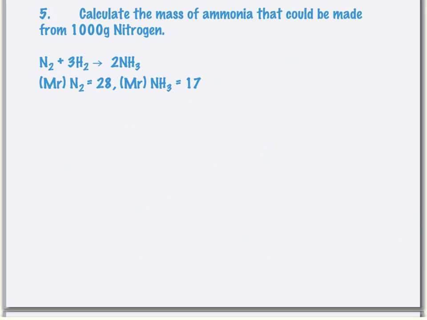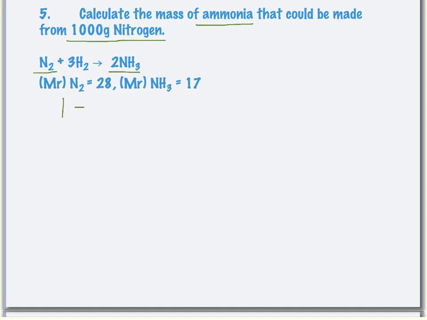Again, feel free to stop the video and then check your answers after you've done it for yourself. This time we need to calculate the mass of ammonia that could be made from 1,000 grams of nitrogen. So 1 mole of nitrogen makes 2 moles of ammonia.